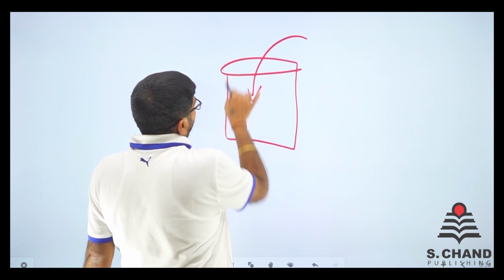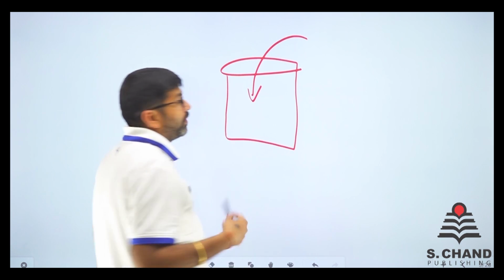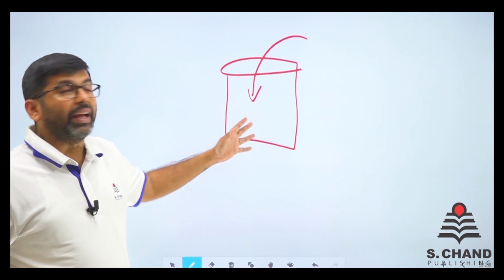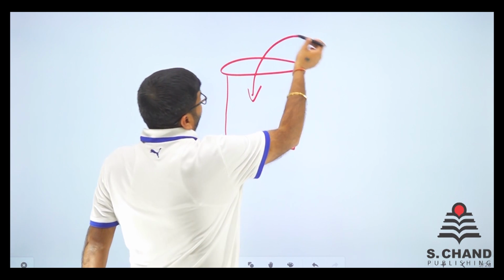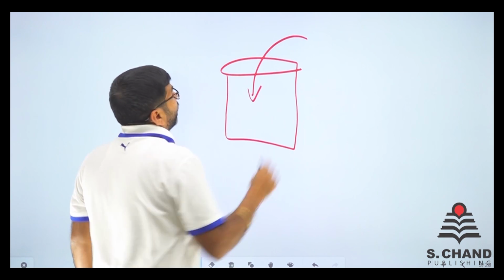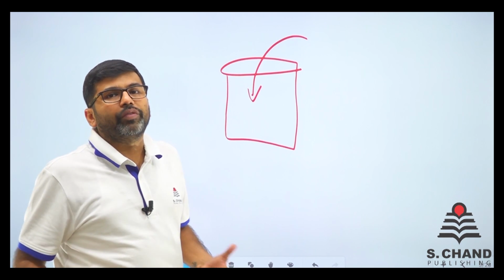See, for example, I have made a figure like this. You can make any other figure than this. Whatever can be filled in this total is known as the volume of that.